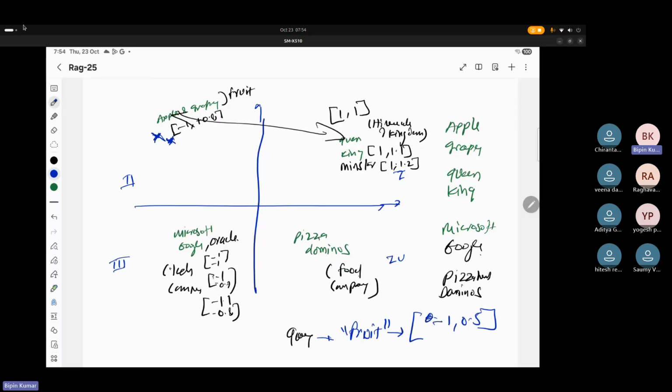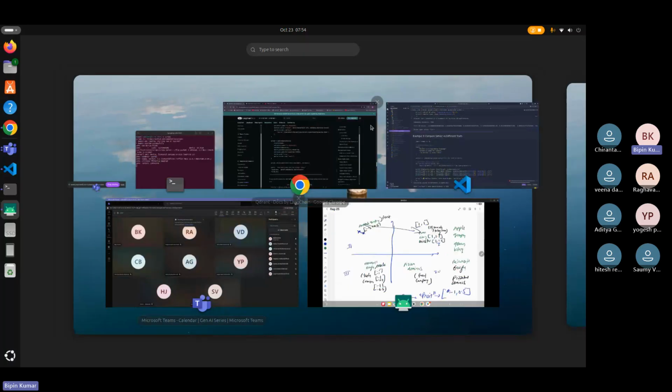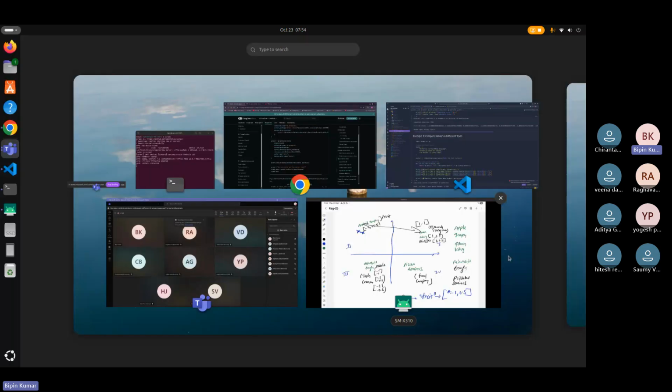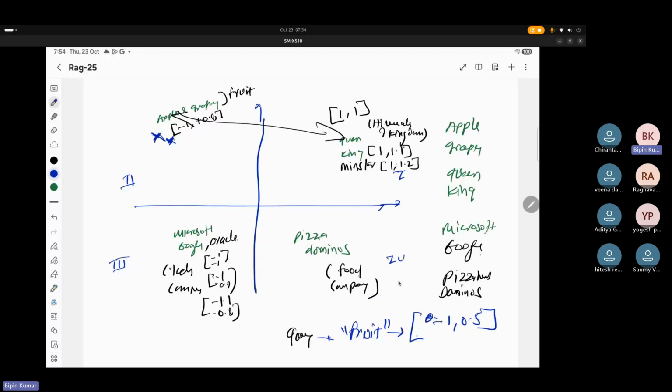Okay, so the query is fruit, and the first step is to convert fruit into some numbers: minus 1, 0.5.